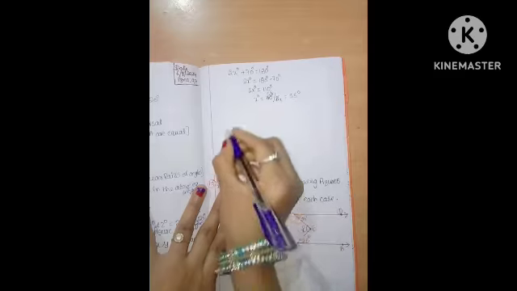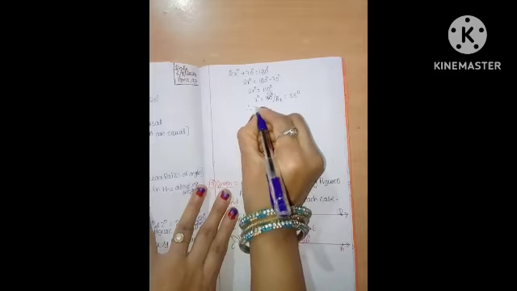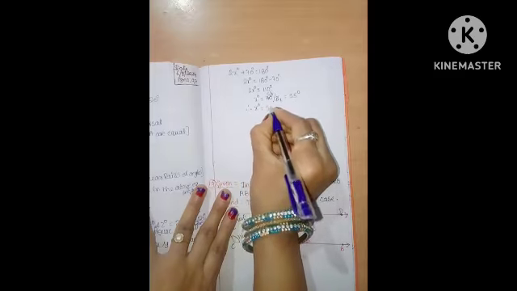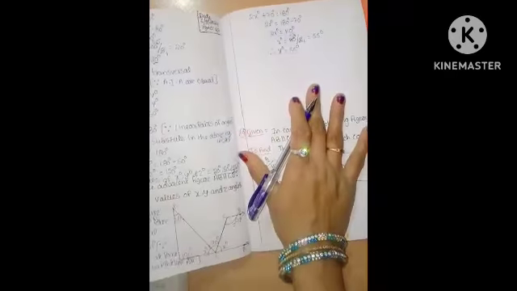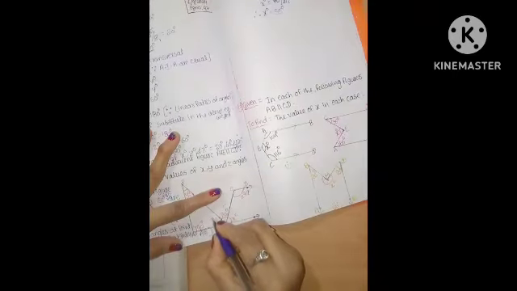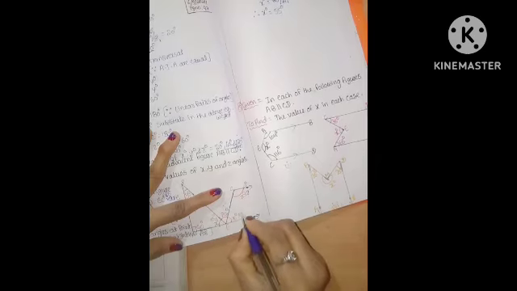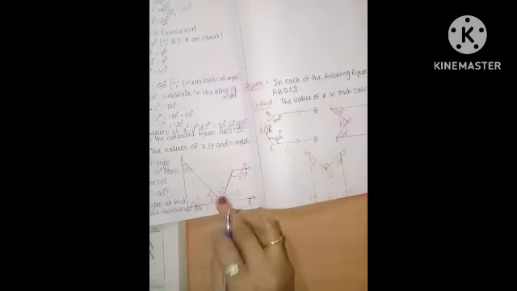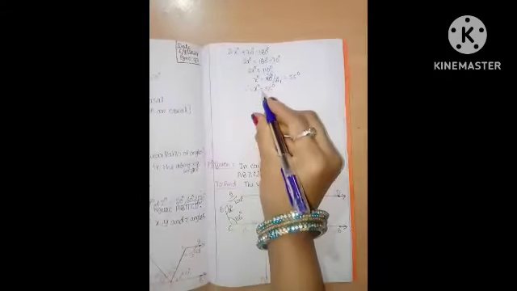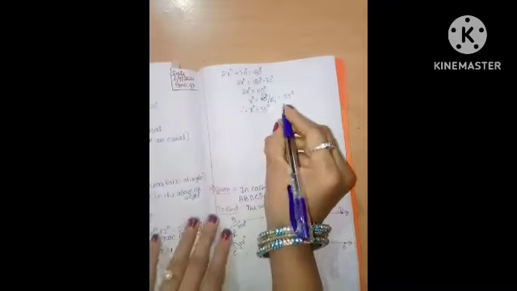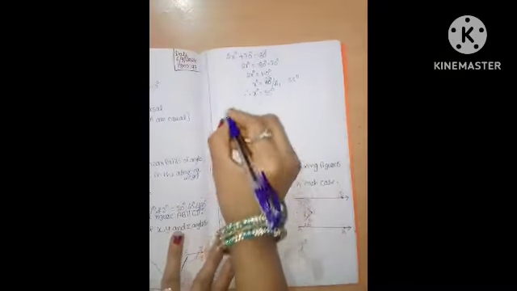X degrees angle is equal to 55 degrees. Next, this is 55 degrees and this is also 55 degrees, plus 70 degrees, totally equal to 180 degrees. So the x degrees angle is correct.